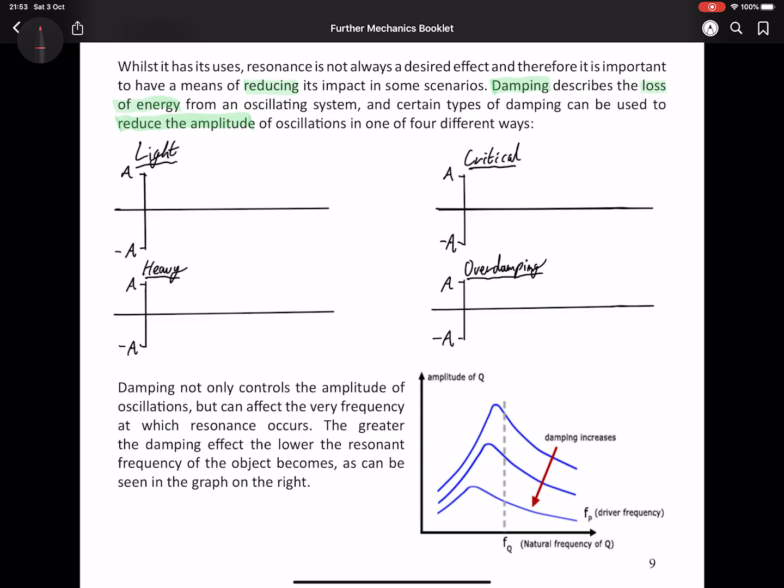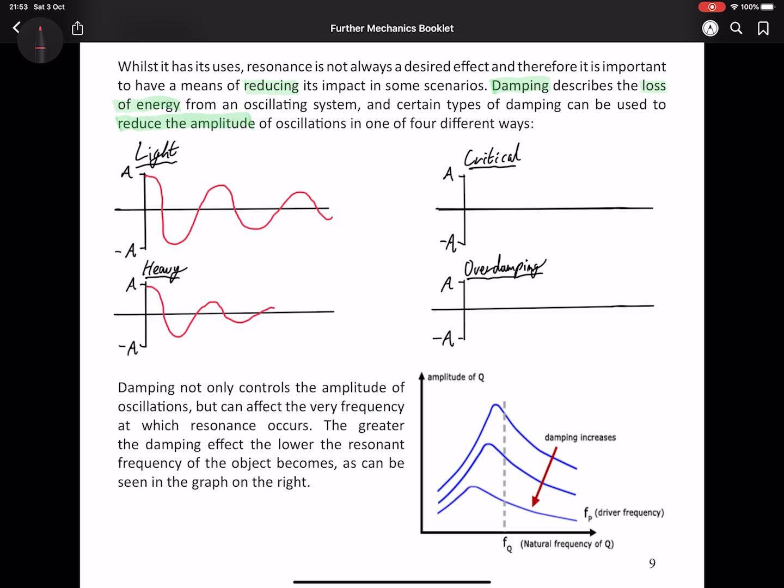So, first off, we have light damping. Now, light damping is a very gradual effect. And as you can see on these graphs, we're just representing from maxima, positive and negative. And in this case, you can see the maxima gradually drop, you go down, giving you a nice and simple funneling sort of effect here.